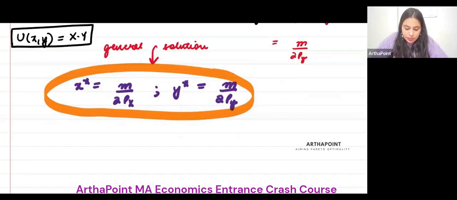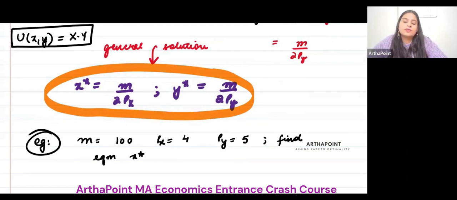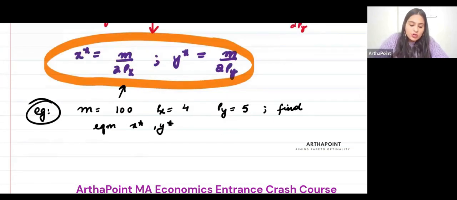So for example, if they tell you that income is 100, price of good X is 4, price of good Y is 5, and they tell you to find equilibrium X star, Y star, then what will you do? Use this formula, because I know that they have given the utility function as xy.